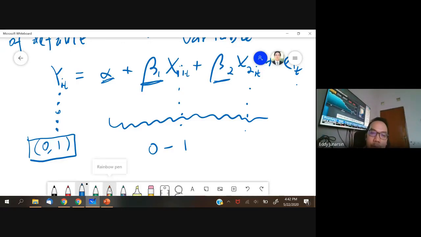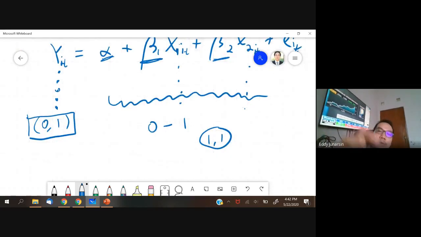But using the simple regression method, we might get a value of, for example, 1.1. Then this is meaningless, because how can we conclude something that has a probability of 110%? It's already more than 100%, so it doesn't carry a meaningful conclusion anymore.